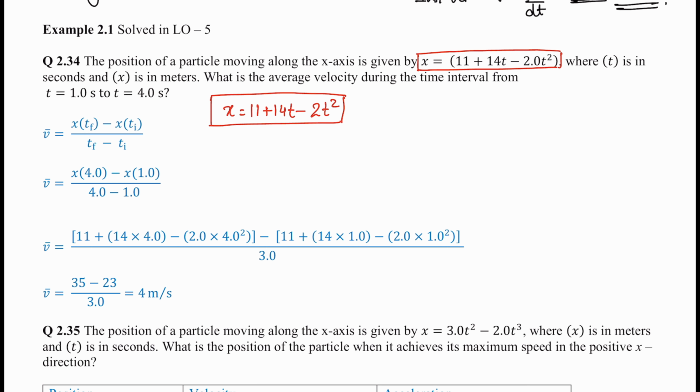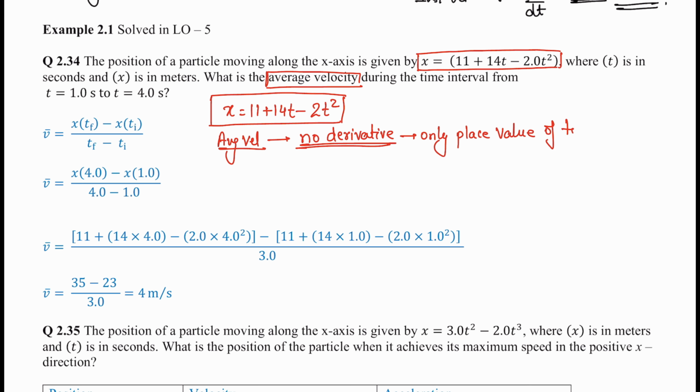Where t is in seconds and x in meters, what is the average velocity? If he is asking about average velocity, remember, no derivative. Just only place the value of time to find velocity.